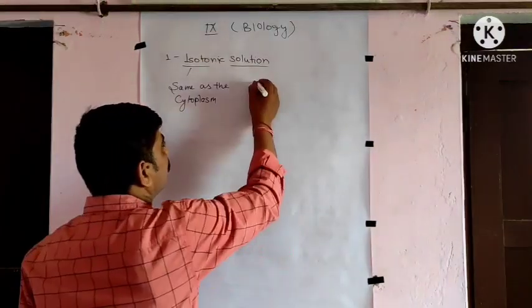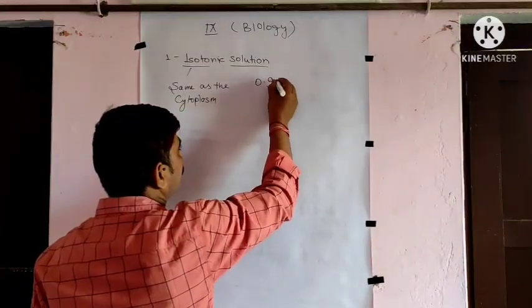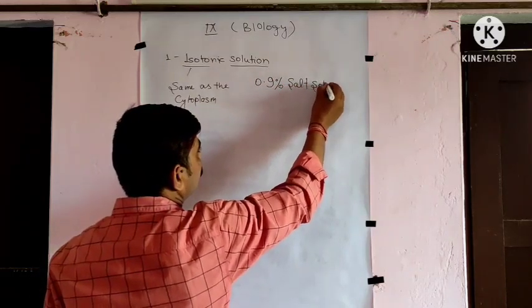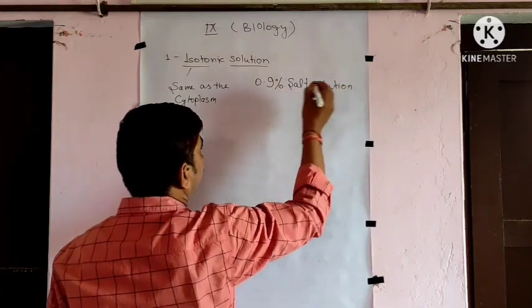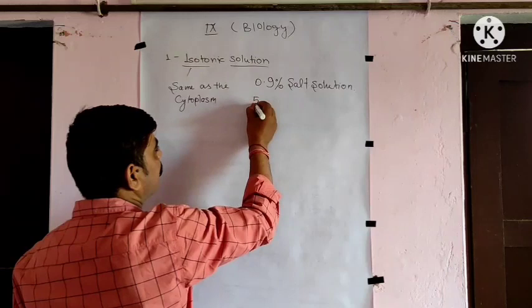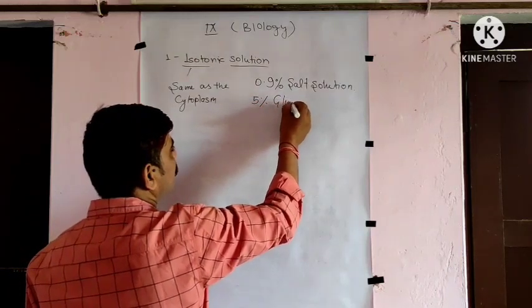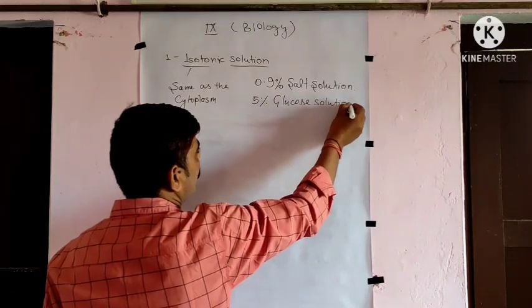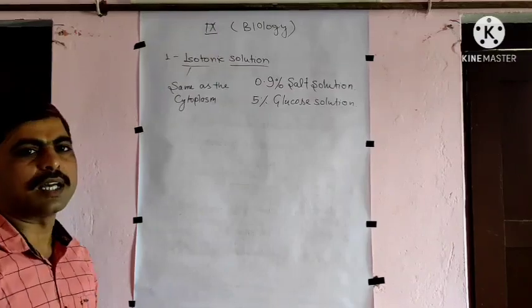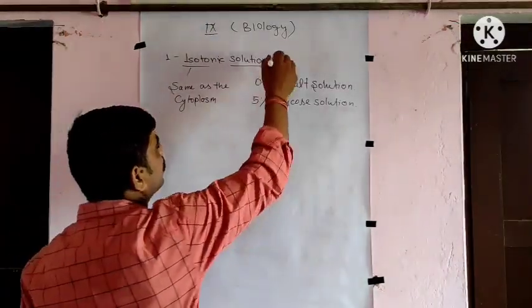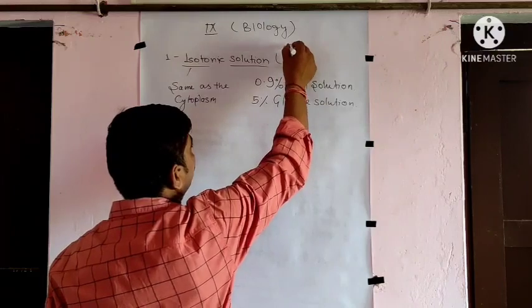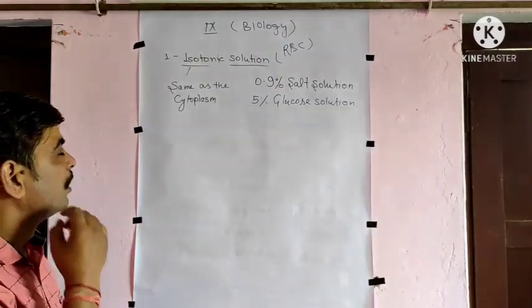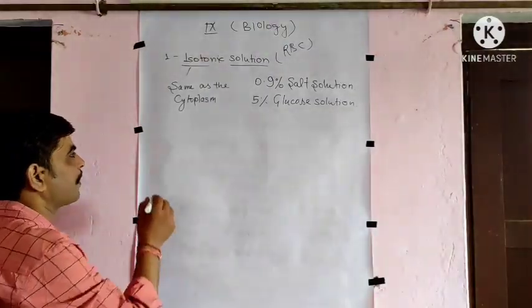It is about 0.9% salt solution and about 5% glucose solution. If we make this solution, it is called the isotonic solution. I am especially comparing with red blood cells of animals.